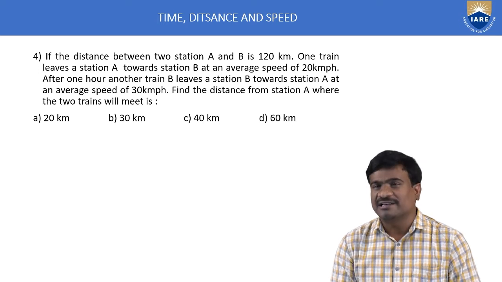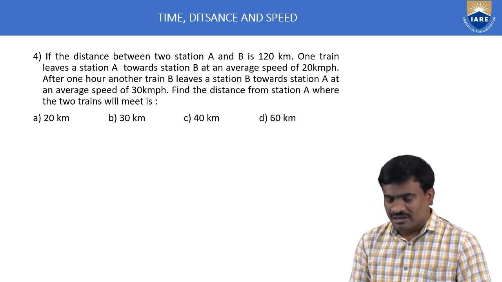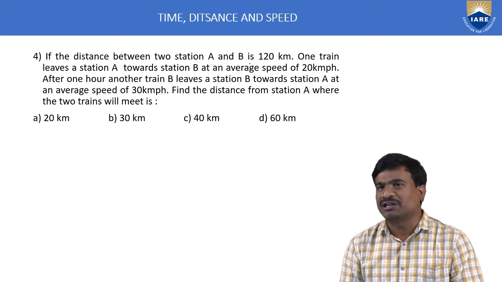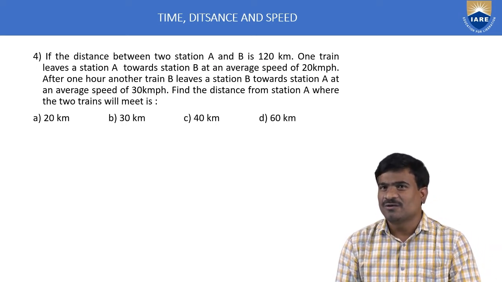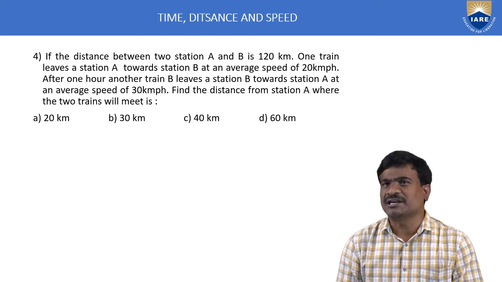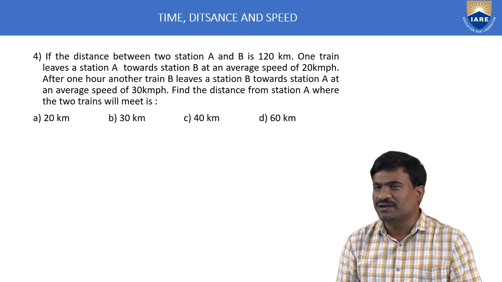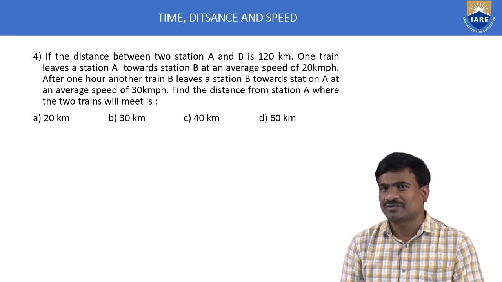Here for the fourth example: the distance between two stations A and B is 120 kilometers. One train leaves station A towards station B at an average speed of 20 km per hour.